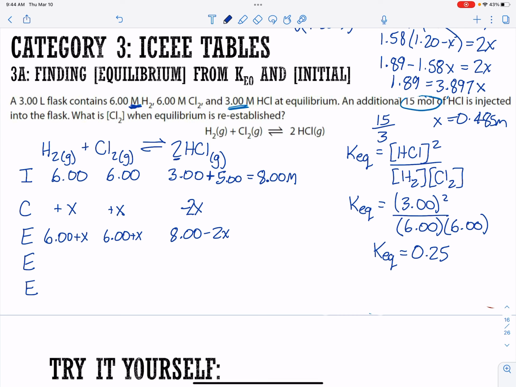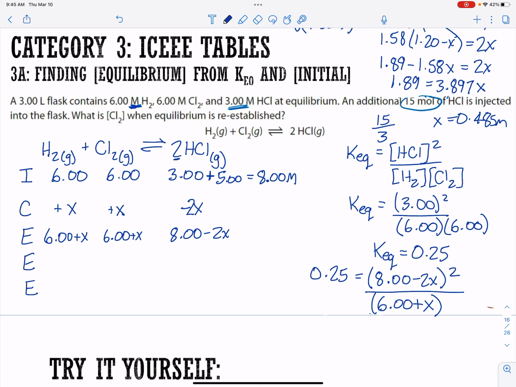So we're going to use that equilibrium constant that we calculated already, and now we're going to try and solve for x. So my equilibrium constant, 0.25. Remember, the only thing that changes that equilibrium constant is temperature. We haven't changed the temperature of the system. On the bottom here, I have 6.00 plus x.